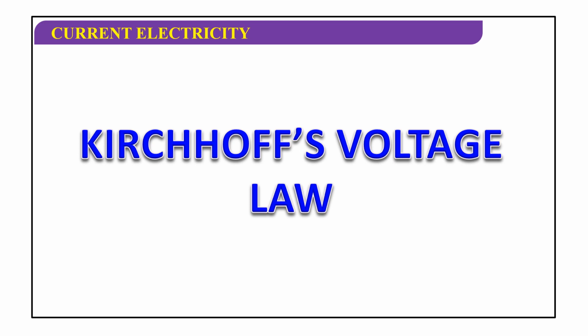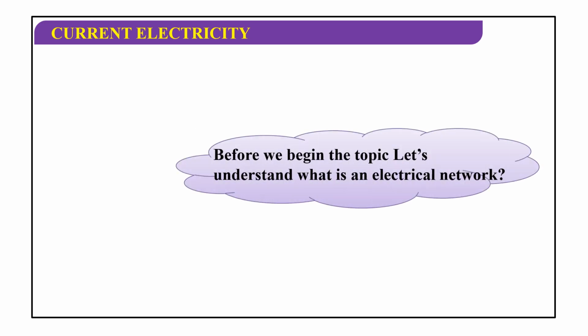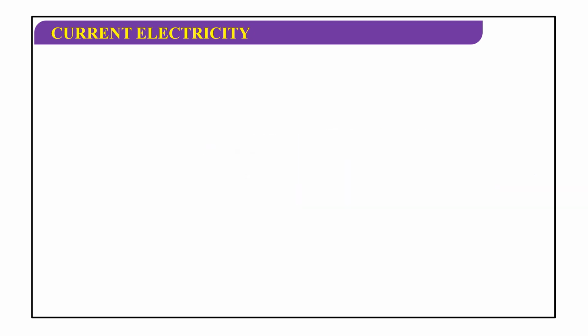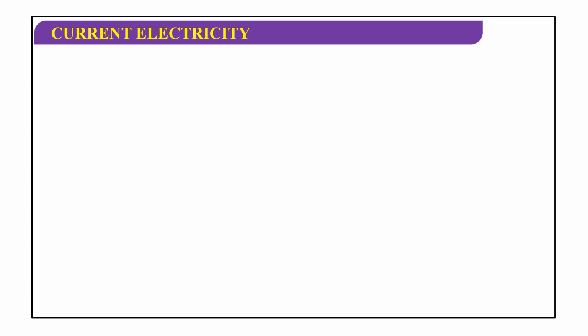Now voltage law, Kirchhoff's voltage law, KVL. Now what we have to understand, what is an electrical network? It's a combination of various electric circuit elements and sources of EMF connected in simple or complicated manner.